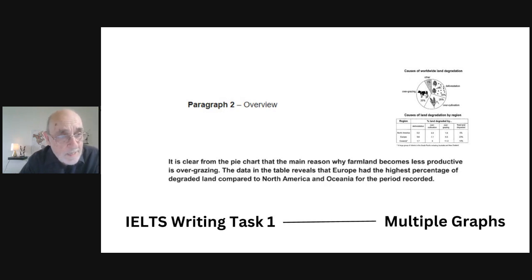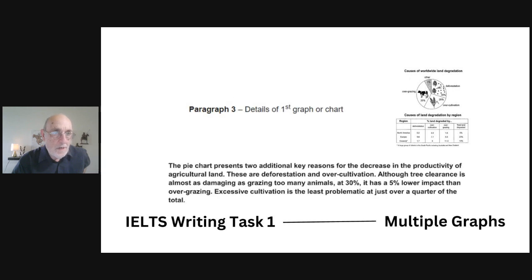And now we're going to take each of these sentences and break it down into two paragraphs to give the details of what we see in our graph and chart. So paragraph 3 is just going into detail about the pie chart. The pie chart presents two additional key reasons for the decrease in productivity of agricultural land: deforestation and overcultivation.